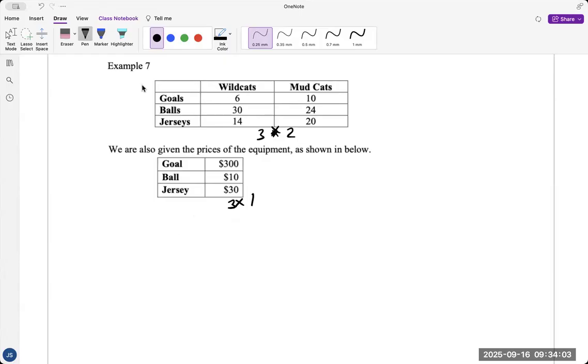So could I do this matrix, let's call it A, and that matrix, let's call it B. Can I do A times B? If so, it would be 3 by 2 and 3 by 1, and these inner parts would not line up. So maybe I can do B times A. I hope so, because we can't do this problem. If I list the dimensions of B first, it's 3 by 1.